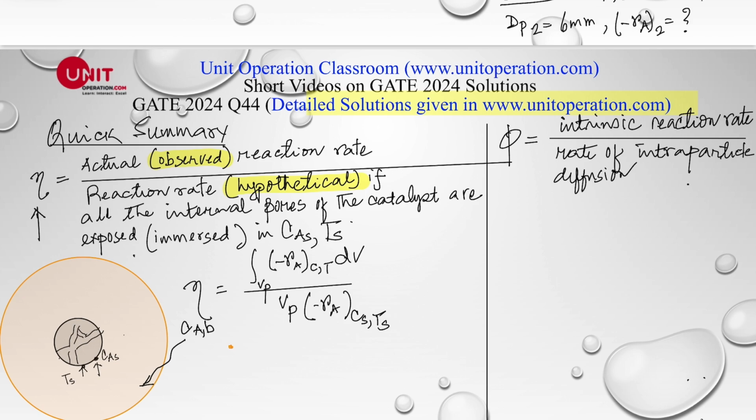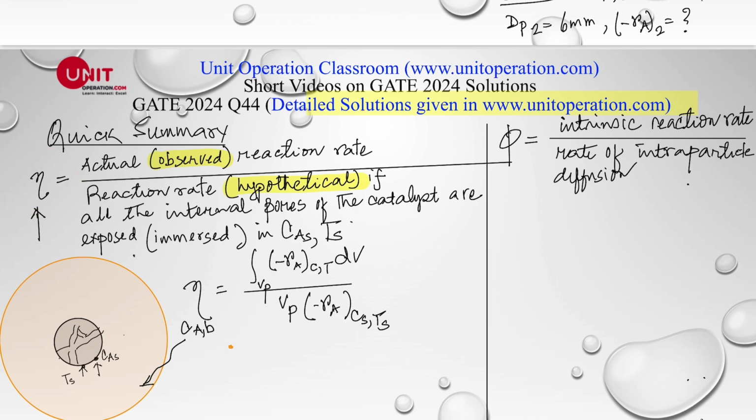If we assume hypothetically that all the catalyst pores and all the sites can see the surface concentration, which means there is absolutely no diffusive resistance inside, then what will be the rate? That is the hypothetical rate. So the actual rate divided by the rate if the entire catalyst pores are available at the surface concentration is called the effectiveness factor.